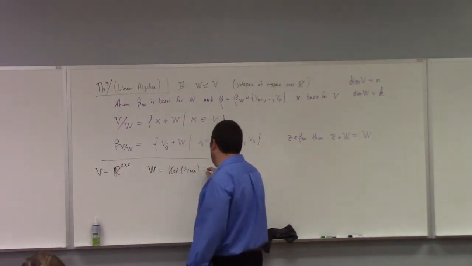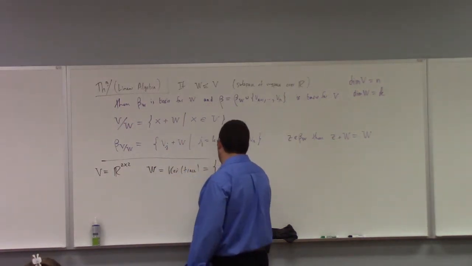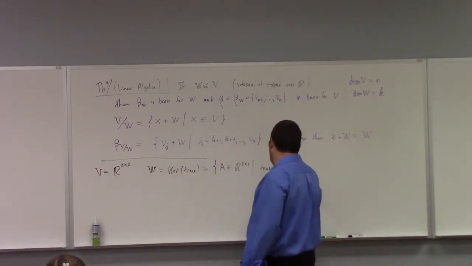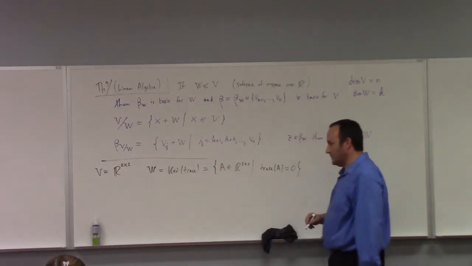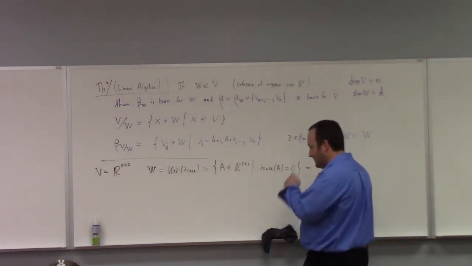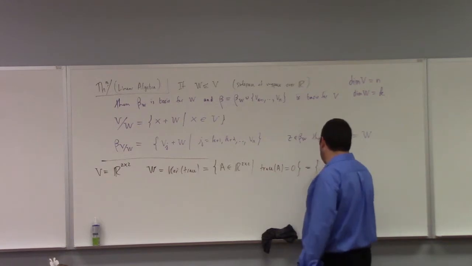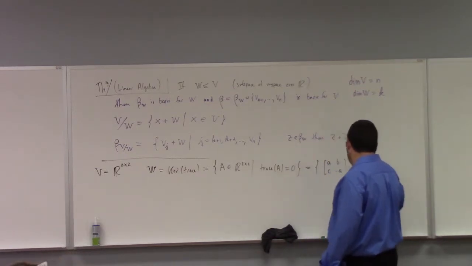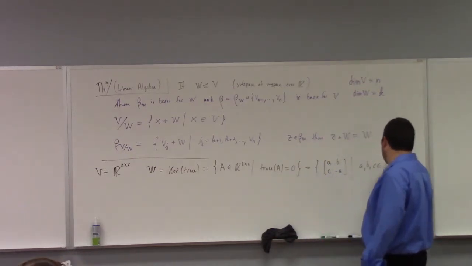In other words, we're looking at A in 2 by 2 matrices such that the trace of A is 0. In that case, we're looking at matrices of the form [a, b; c, minus a], such that a, b, and c are real numbers.